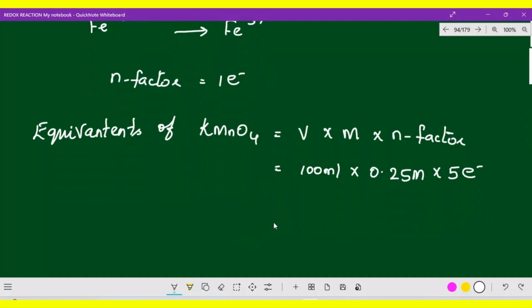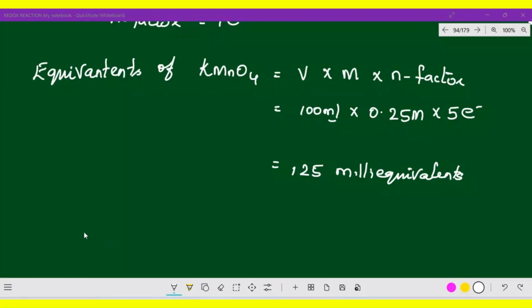Now, what is the answer? You are getting 125. So 125 is the answer in ml, right? So milli equivalents. Now we have to identify the millimoles of FeO, because it is a mixture of FeO and Fe2O3.